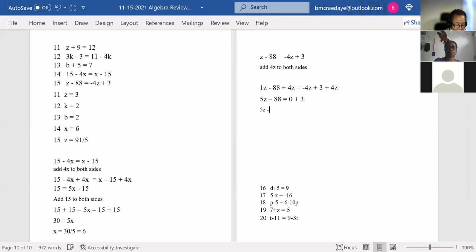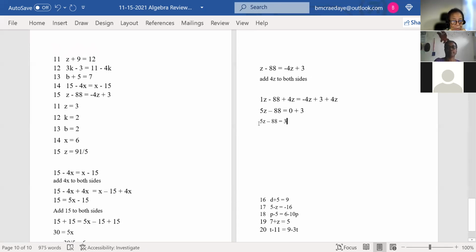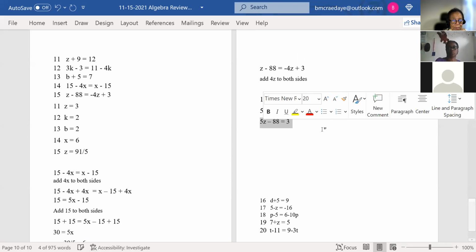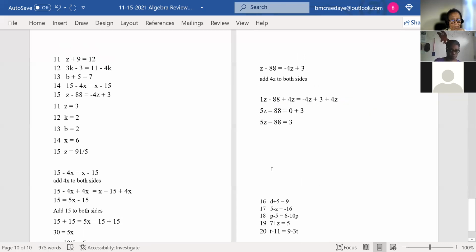So what we have here is 5Z minus 88 equals 3. Then what do I do next, Maureen? I still have to get my minus 88 and my 3 on the opposite sides.